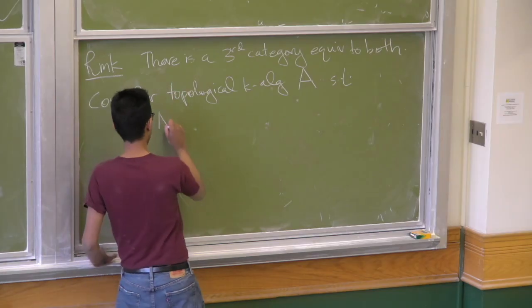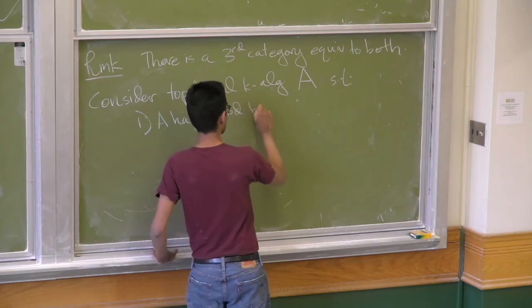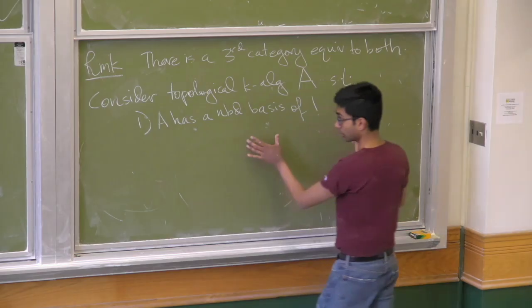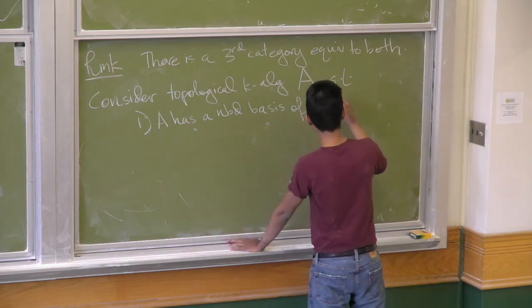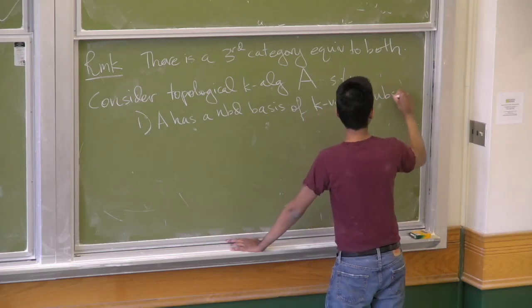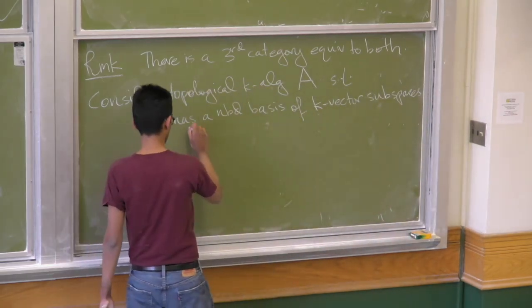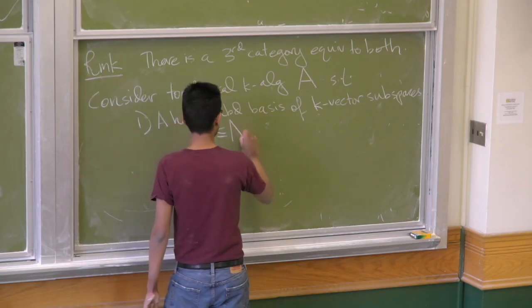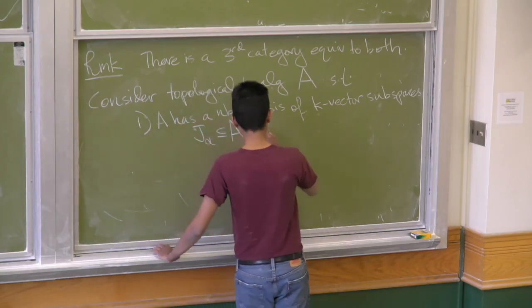A has a neighborhood basis at the origin consisting of K-vector subspaces, let's call them J_alpha, which are of finite codimension.